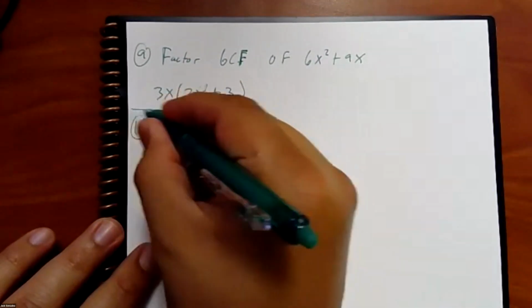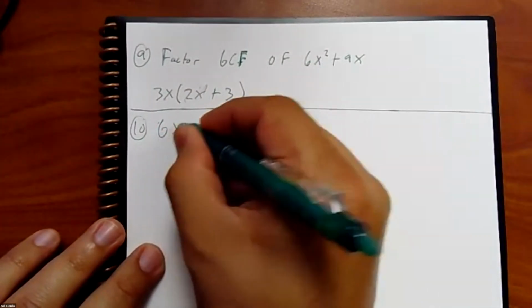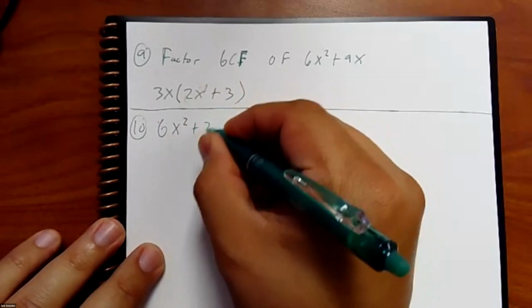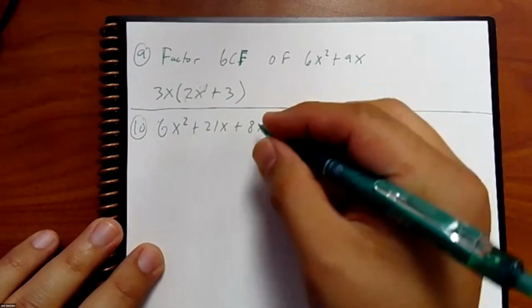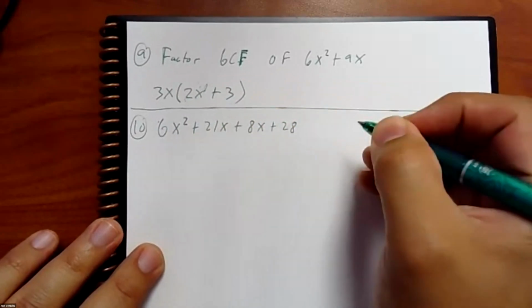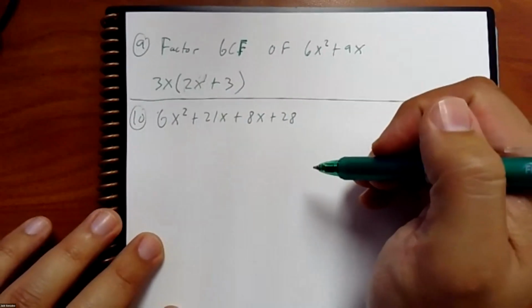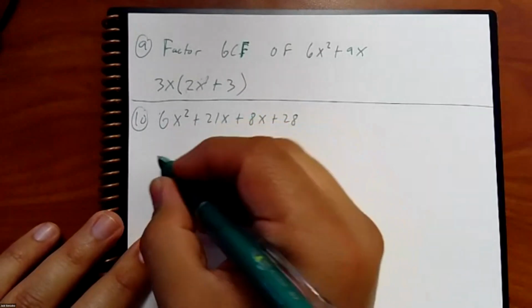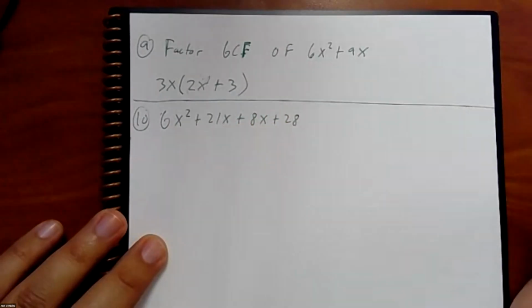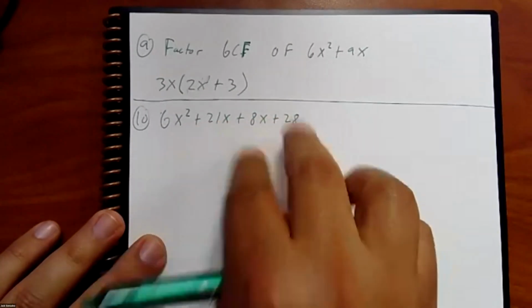Number 10. So here we do factor by grouping. Take two at a time and find out what the GCF is for the first two and last two.